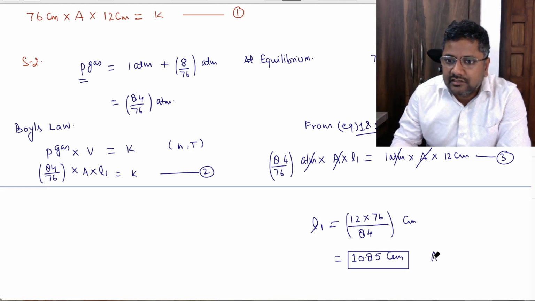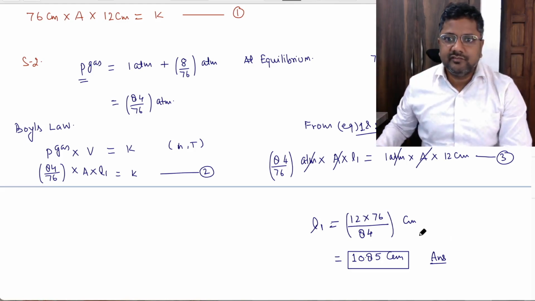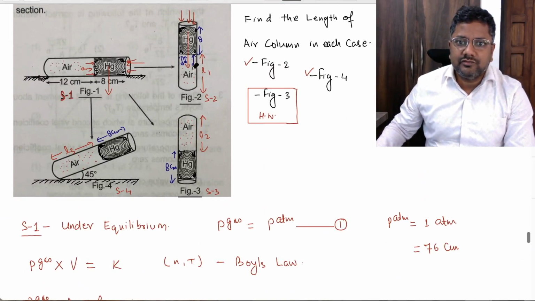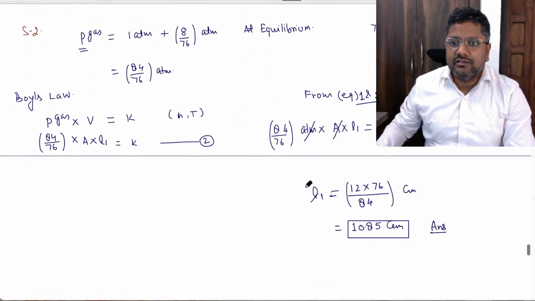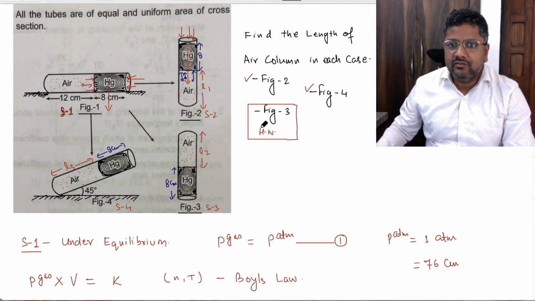So this is the answer in the first case, right? So in figure 2, this is L1 is equal to 10.85. Now figure 3, you have to calculate this L2 in the homework.